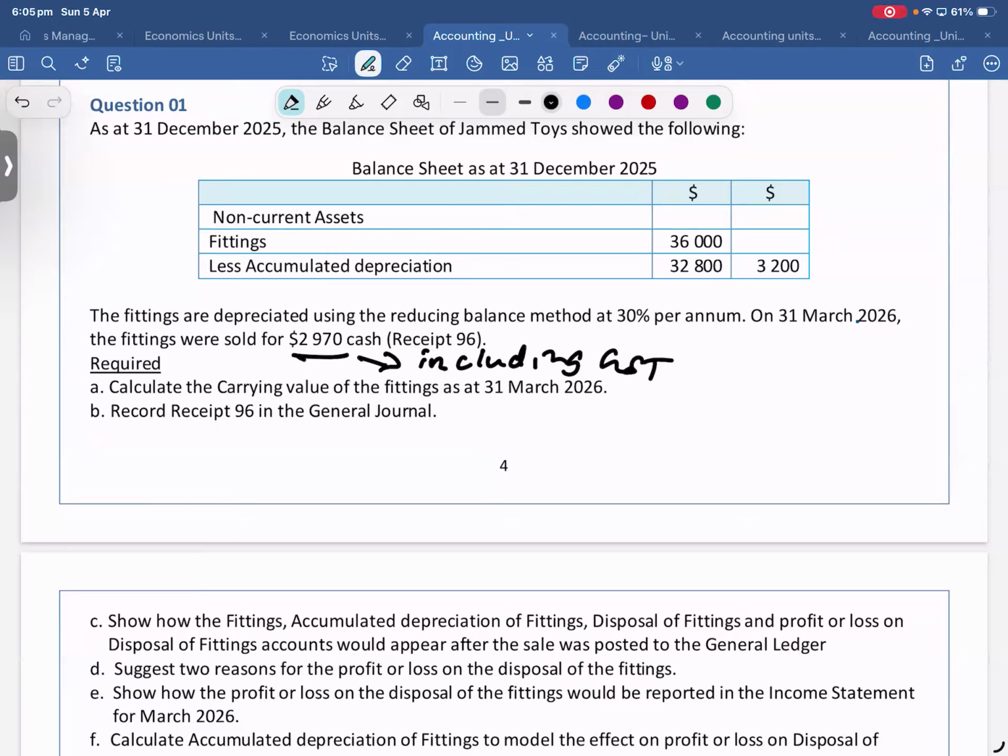You're not worried about simply... So accumulated depreciation, usually assets we have a debit. Yes. But this one, we have a credit balance.